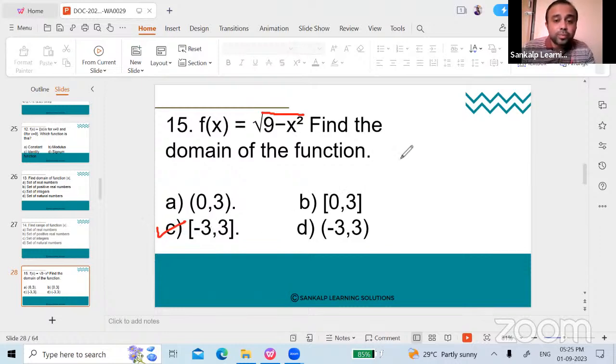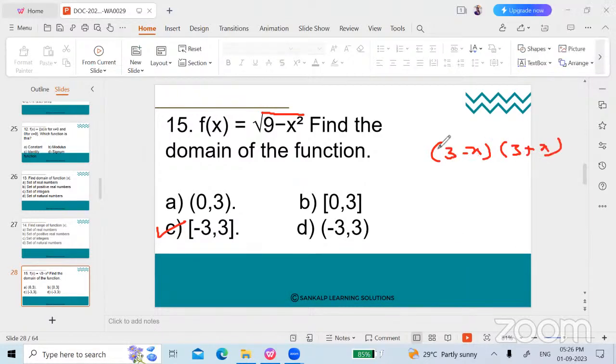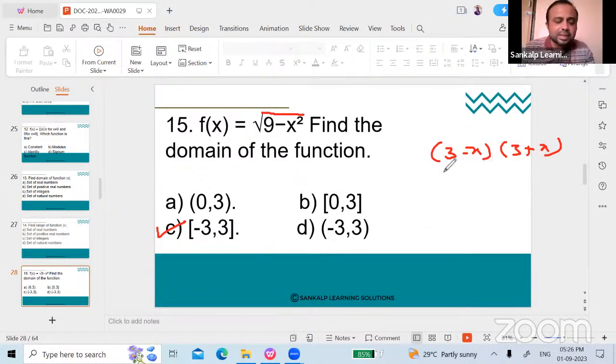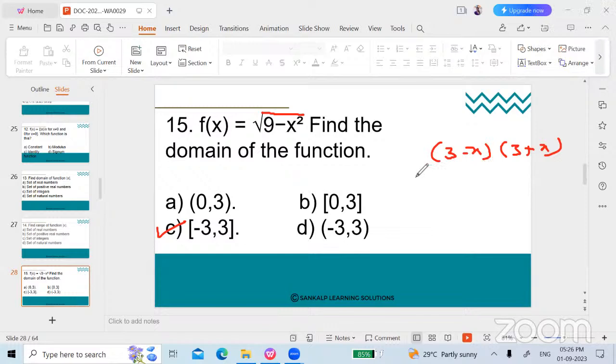But how? It is root of 9 minus x square. How to write this? It can be written as 3 minus x and 3 plus x. Correct? Am I right? Yes, sir. a square minus b square, 3 square minus x square. 3 minus x, x equal to plus 3, and 3 plus x, x equal to minus 3.